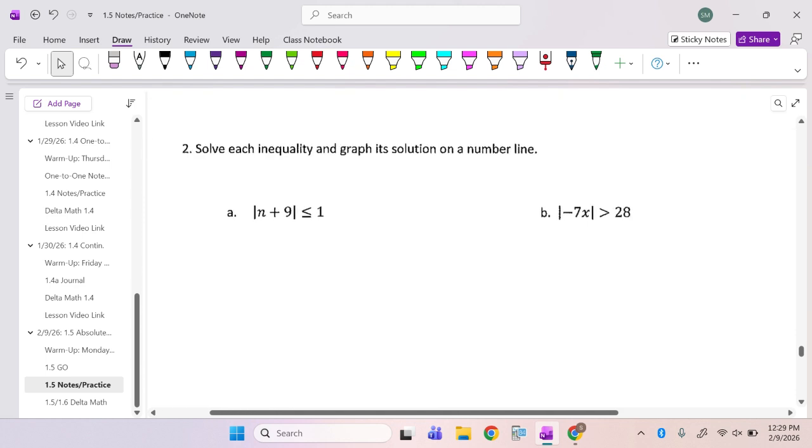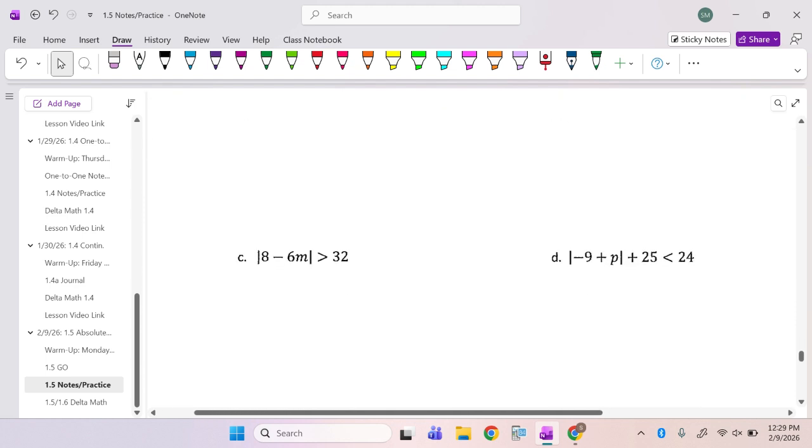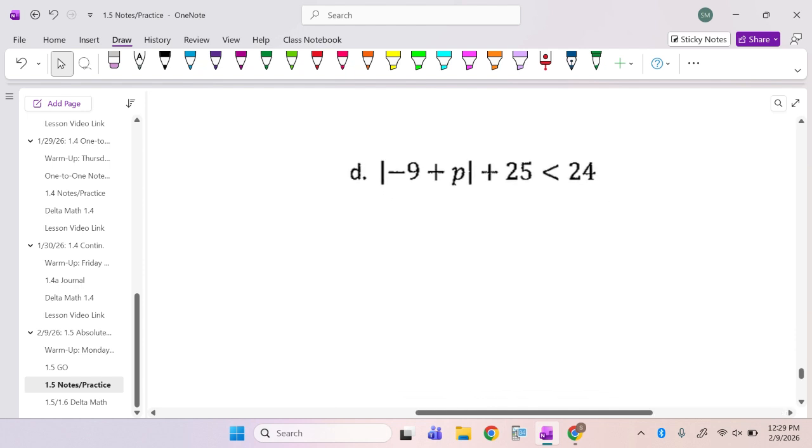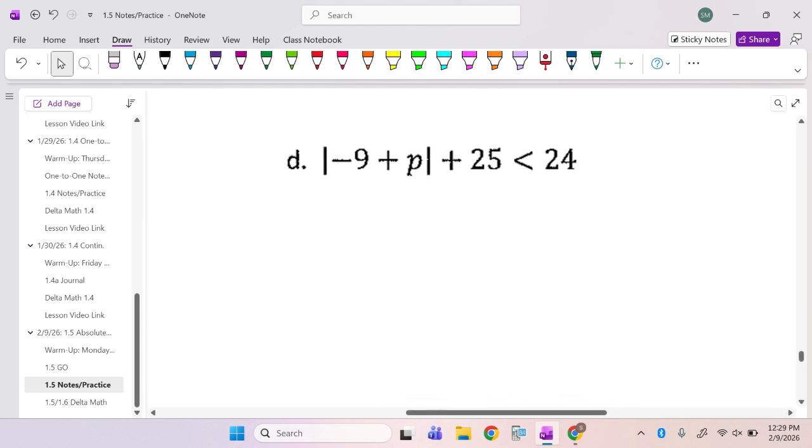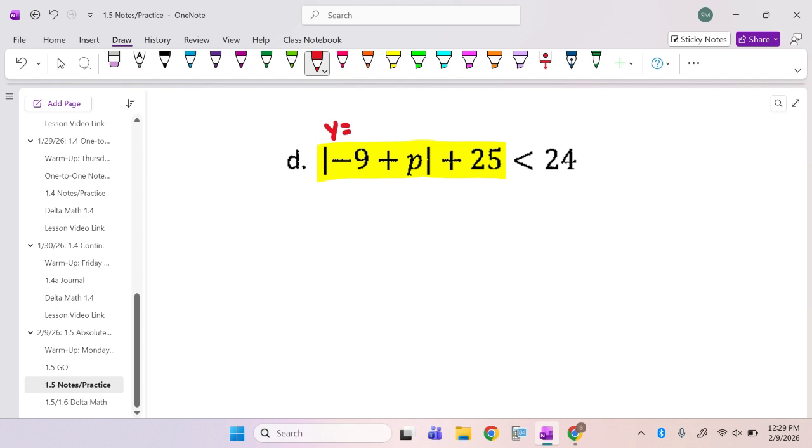So let's try letter D on the next page. The left side of the equation, you're still going to do y equals. It's the right side where it's going to be y is whatever inequality they have, so less than, in this case, 24.